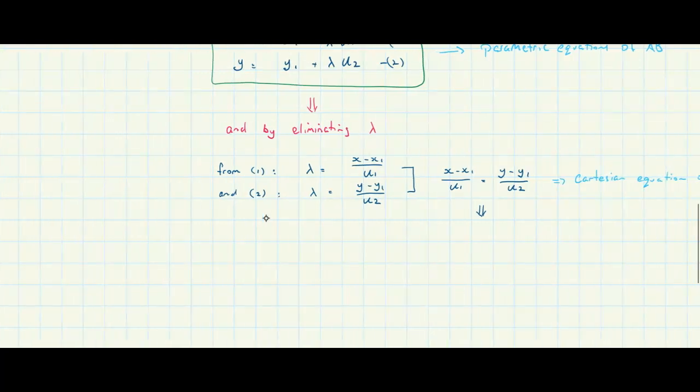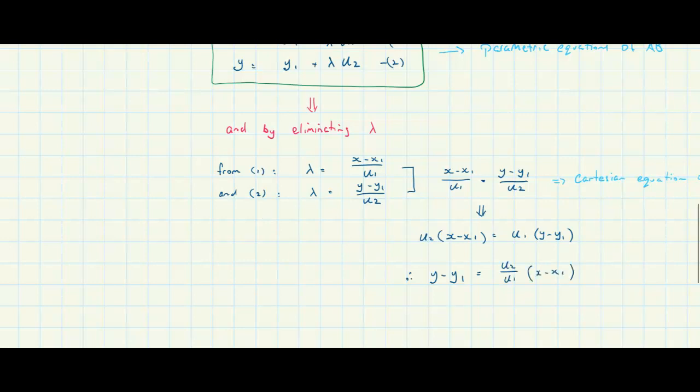So that's all well and good. We could tidy this up a little bit, just rewrite it, and we could have it looking like u2 by x minus x1 equals u1 by y minus y1, and therefore we could have y minus y1 equaling u2 over u1 by x minus x1.